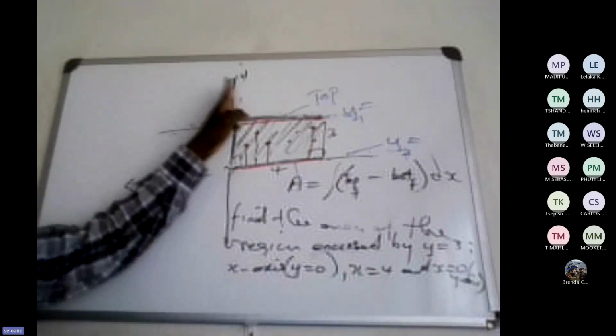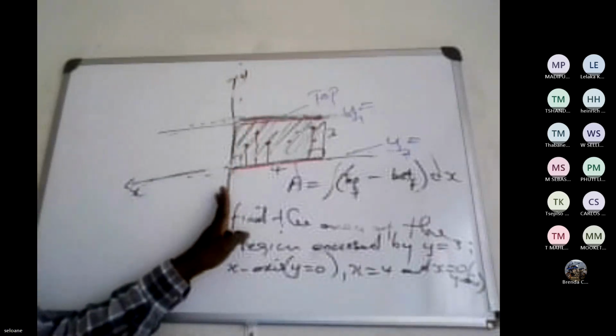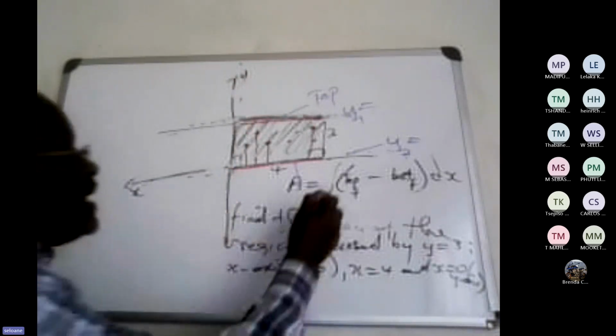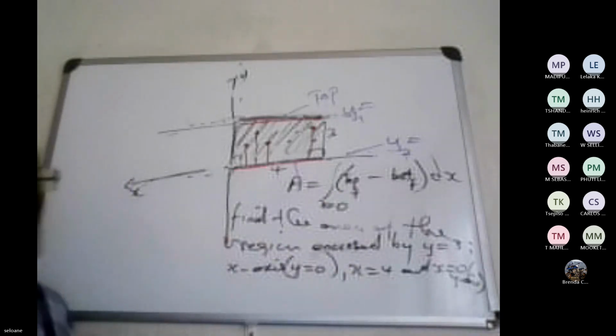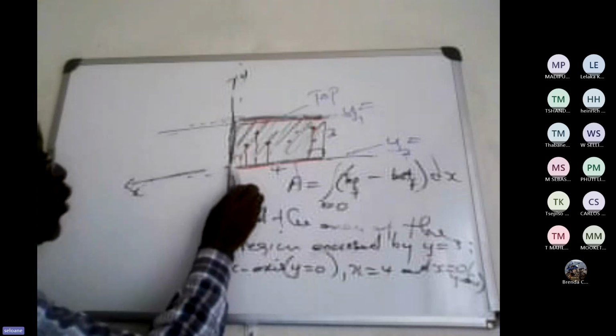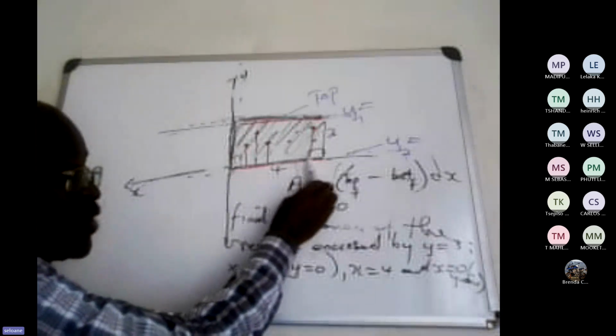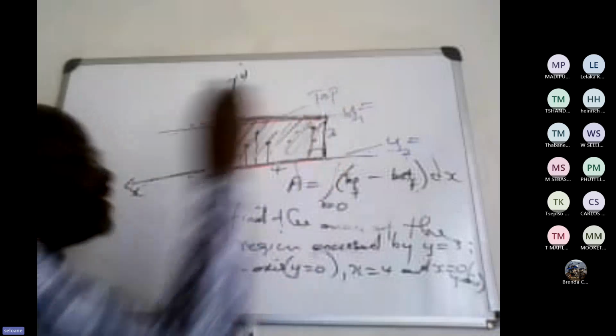What is the function that forms your left boundary? Is it x equal to 0? It starts here where x is equal to 0. It will continue with those values of x. What is the last value of x here?